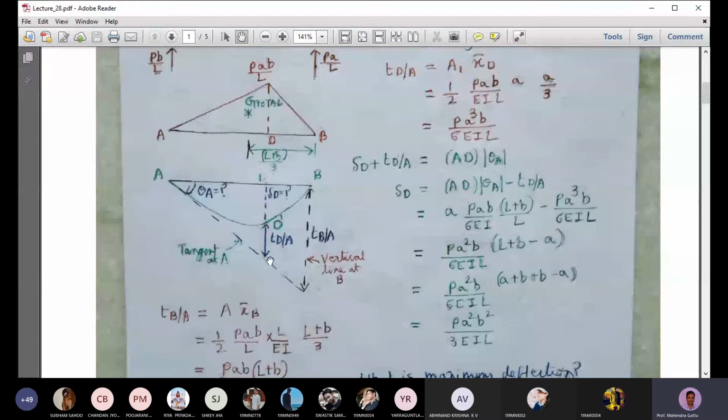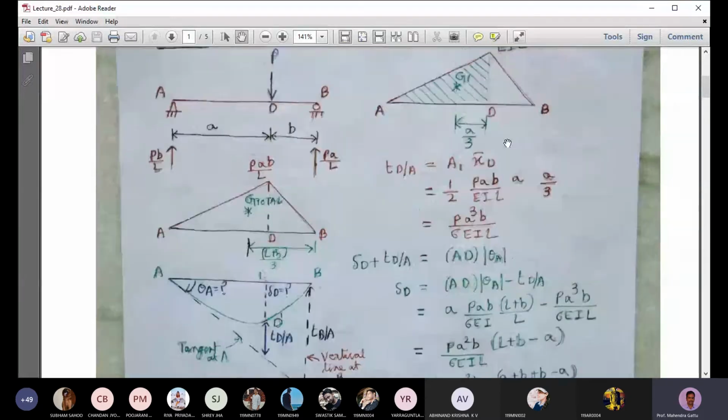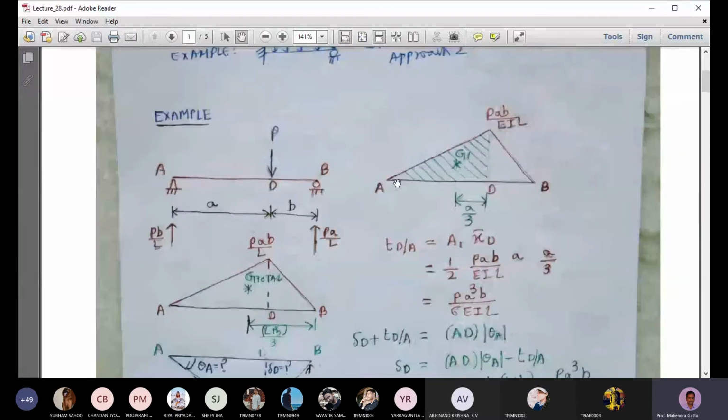How do we do that? We will apply the second moment area theorem. For the vertical deviation of D with respect to a tangent at A, our area will be only this part, between A and D, whatever M by E I diagram is there. So we focus on this portion, calculate the area under the curve between A and D, and find the centroid of this area.